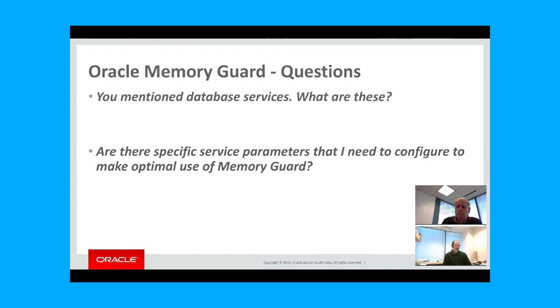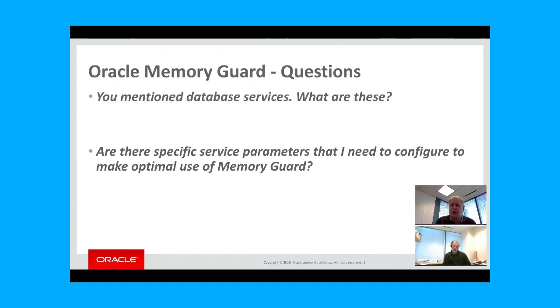Memory guard itself knows how to interact with a variety of contingencies or situations in respective services, so generally you don't have to tell it anything specific. The one thing I would say is that those services must be services registered with the clusterware, because that's how memory guard will act on them.